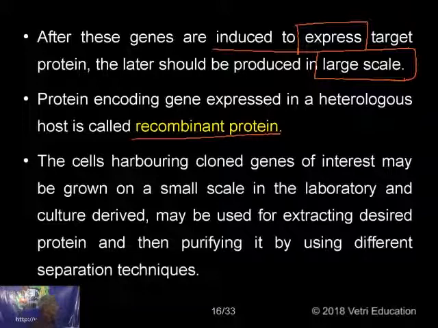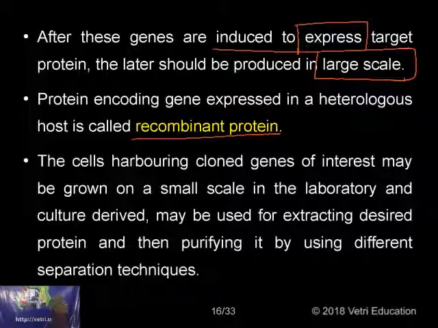The cells harboring cloned genes of interest may be grown on a small scale in a laboratory, and the culture derived may be used for extracting the desired protein and then purifying it by using different separation techniques. Okay, we have mostly come to the end of this discussion because we are in the last stage.